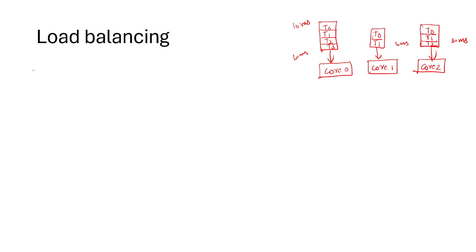The first one is push migration. In push migration, a specific task periodically checks the load on each processor, and if it finds an imbalance, it evenly distributes the load by moving tasks from the heavily loaded core to a lightly loaded core.